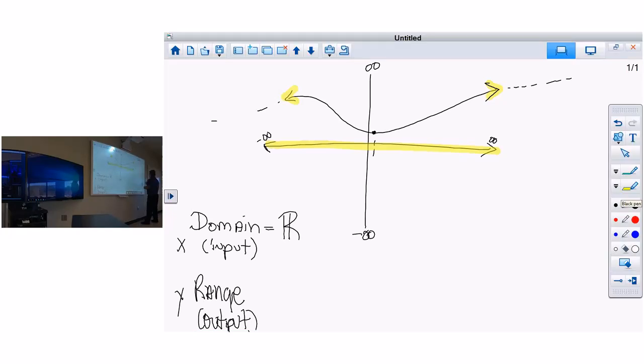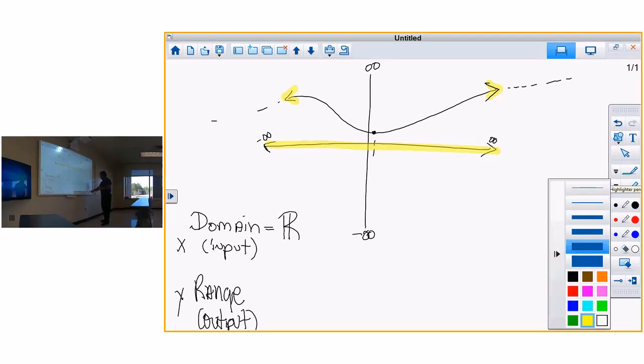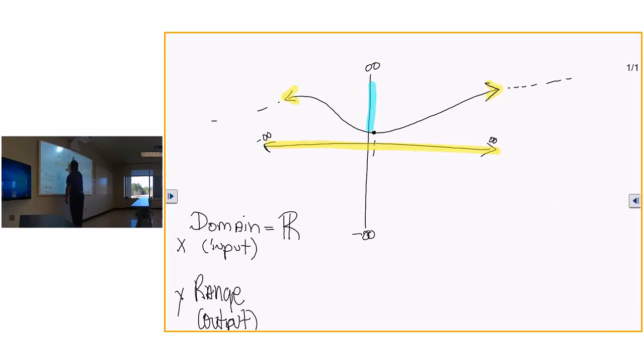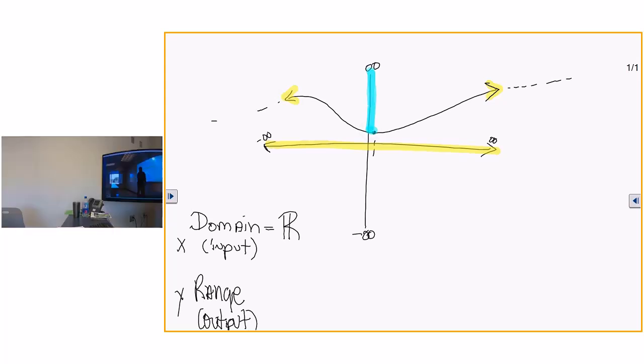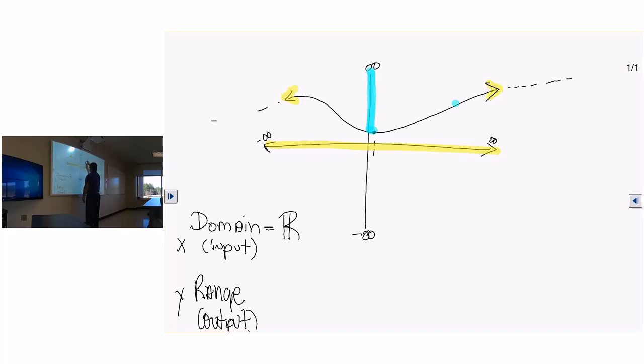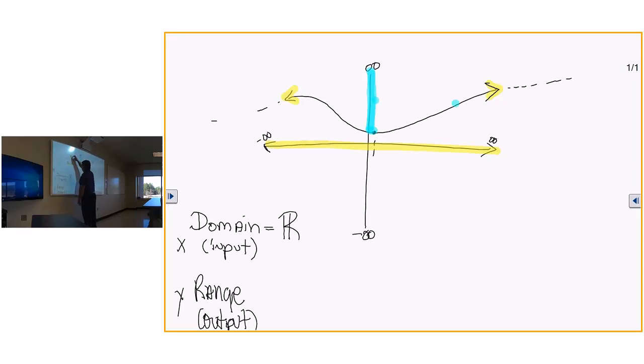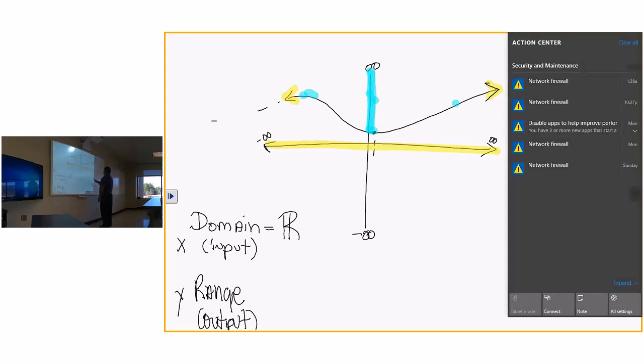So I'm going to take my handy dandy highlighter and take the blue, and I'm going to highlight this area because our function is right here, and we're going to see all these. This dot right here lines up with this. This dot right here lines up with this. And these two arrowheads are going in the upward direction.